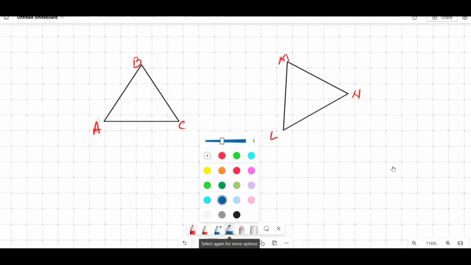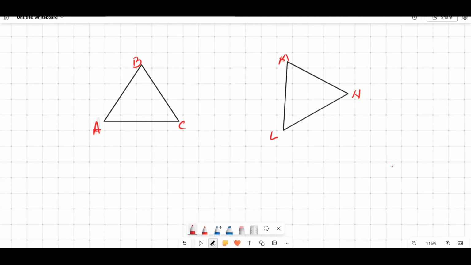Let us say that we are given that side AB is congruent to LM. Also, the angle at A is congruent to the angle at L, and side AC is congruent to side LN.